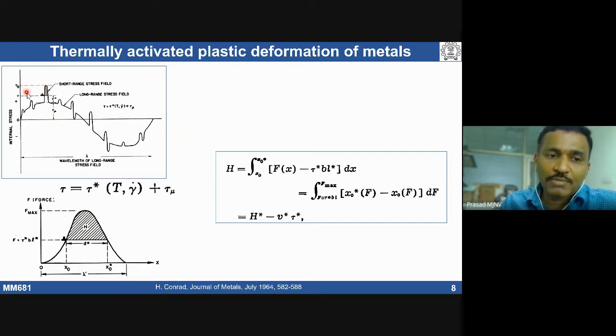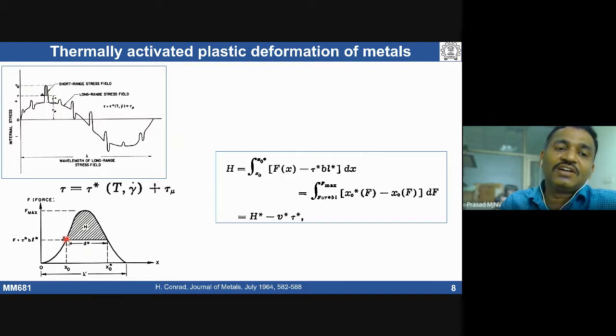So I'm applying a stress which is greater than tau mu but less than tau naught. That means I have already applied some amount of stress, and it has already crossed some amount of barrier. The dislocation has already crossed from here to here, assume that.